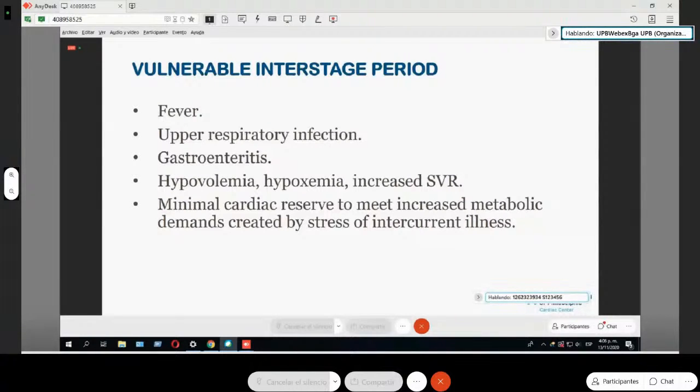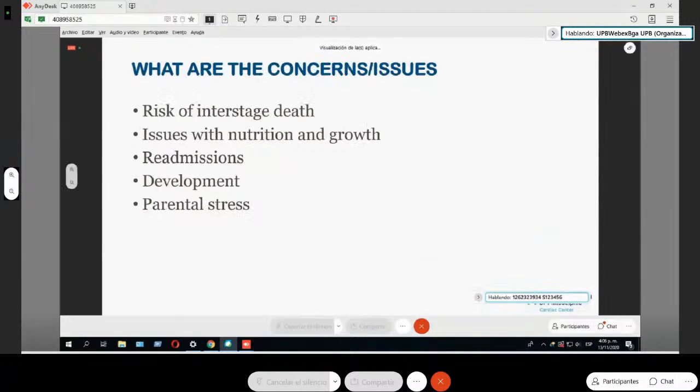Desafortunadamente, estos niños van a tener un déficit de suministro por esas patologías. Las principales preocupaciones son el riesgo de fallecimiento interestadio, problemas de nutrición y de crecimiento, también la tasa de readmisiones, problemas de desarrollo, y también los padres.